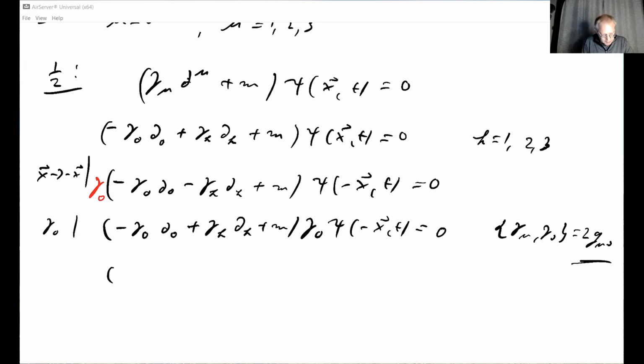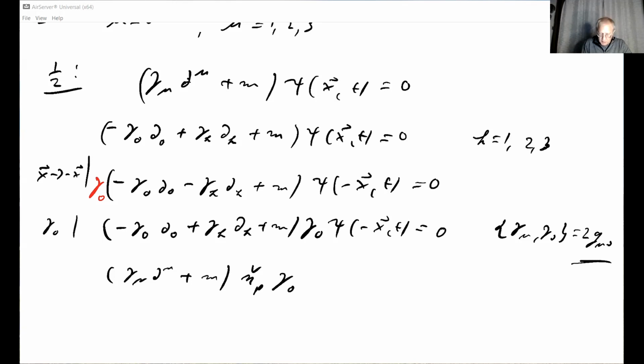So that means I can just rewrite this now as gamma mu again, d mu plus m. And of course, I can multiply by any number I want. So I multiply now by eta p check.